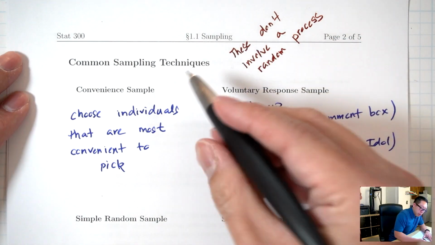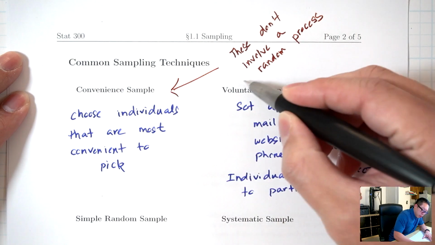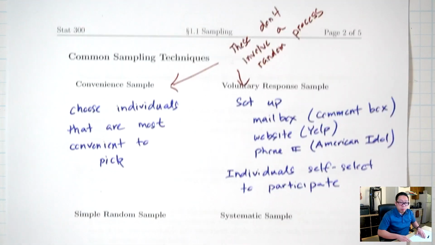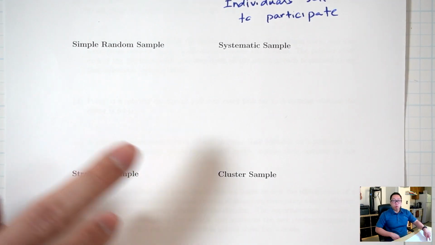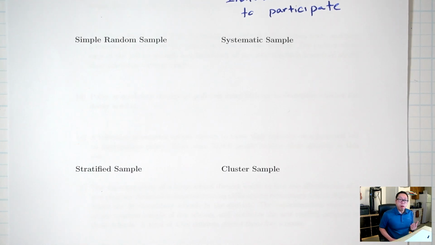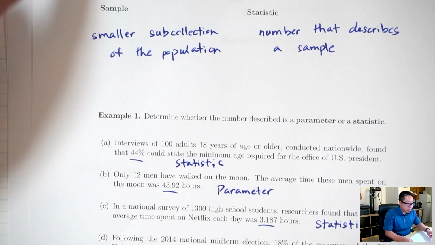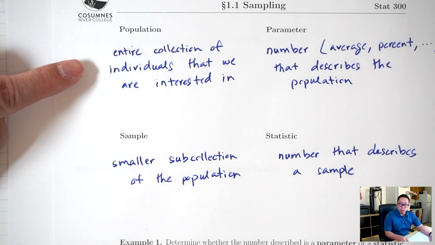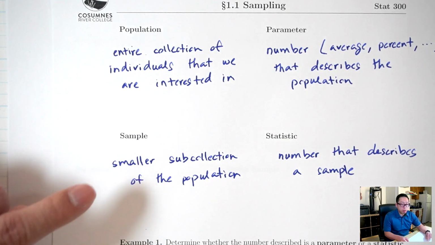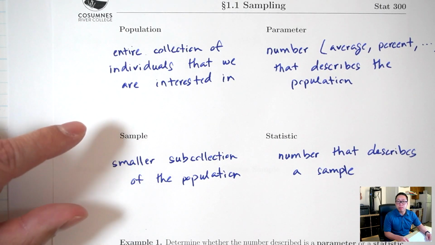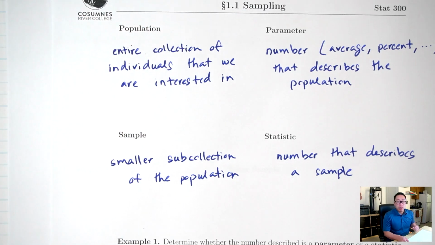And that distinguishes them from these bottom four because all four of these will involve some sort of random process. And why is that important? Well, that's important because we can't get data from everybody in the population, and because we want our sample to be a good representation of the population.